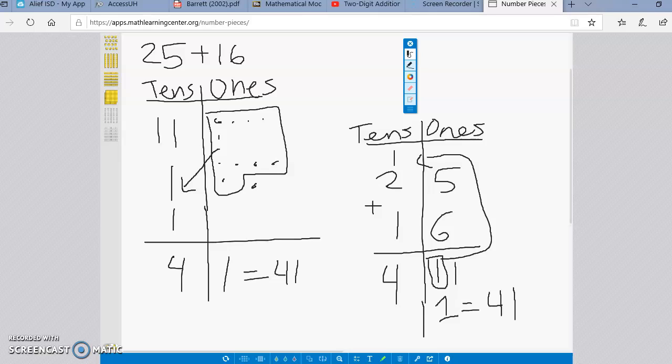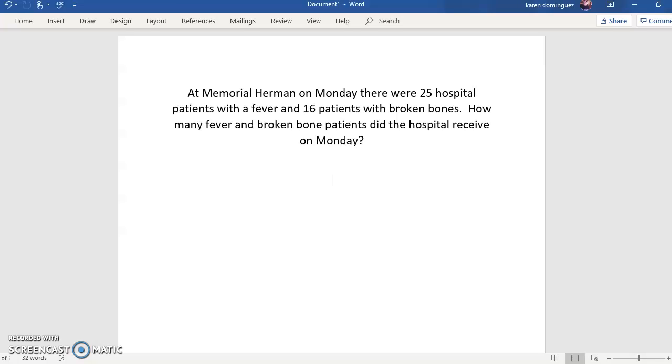Now let's go back to our word problem. The solution is 25 plus 16 equals 41.